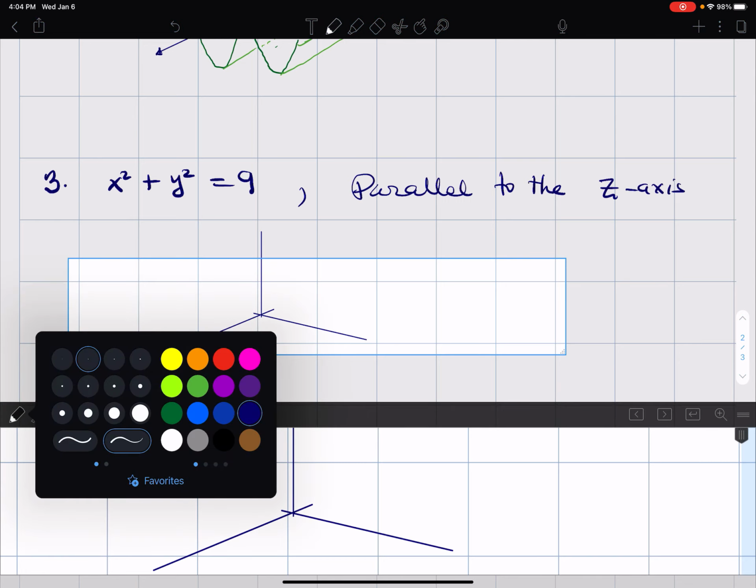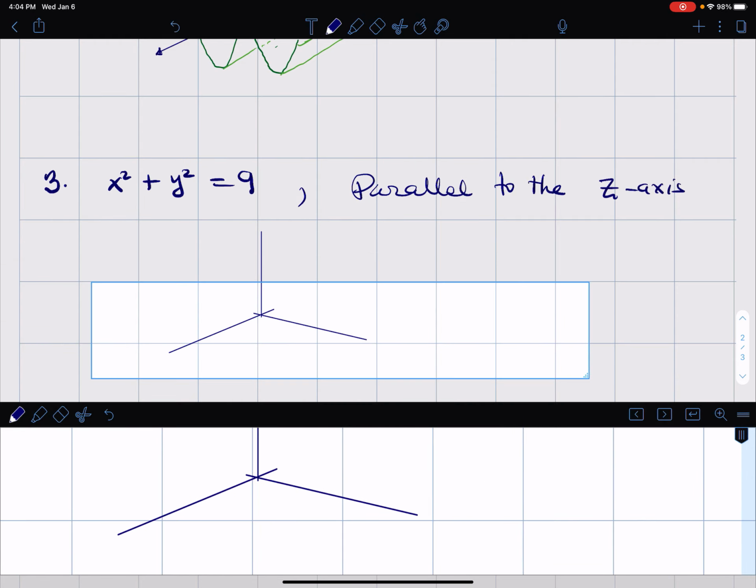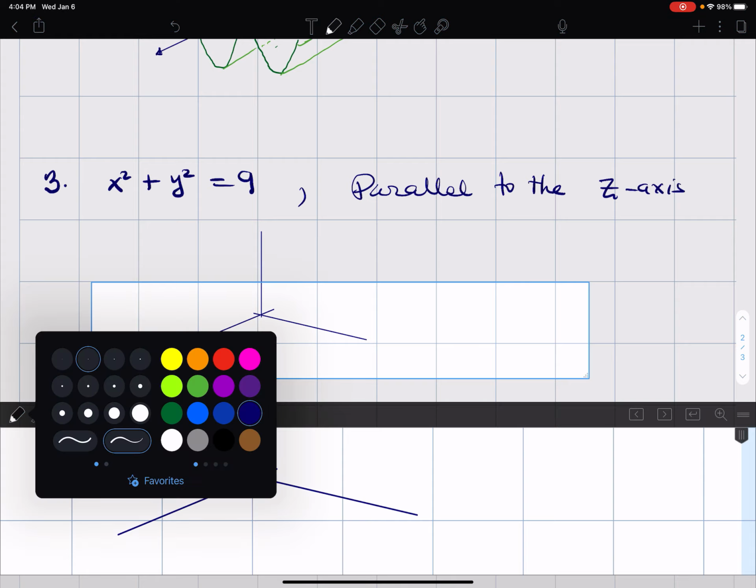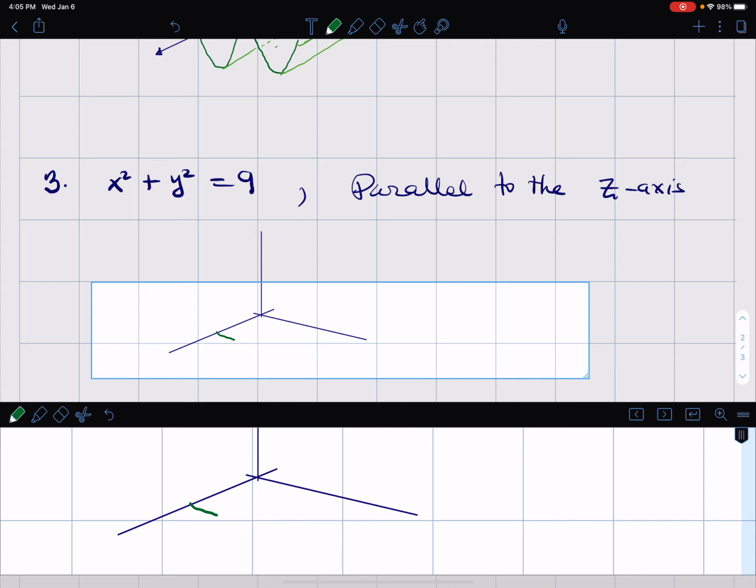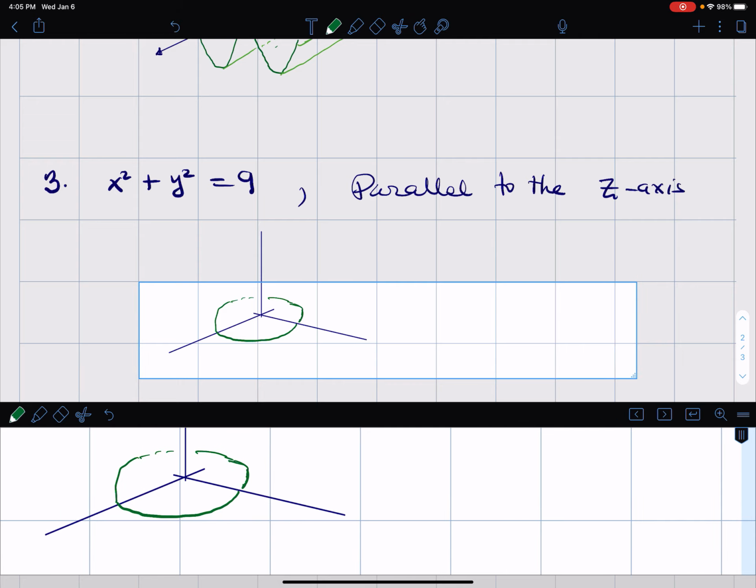Our trace is a circle of radius 3, because x squared plus y squared is equal to 9 is a circle of radius 3. So we have a circle of radius 3 on the xy plane.